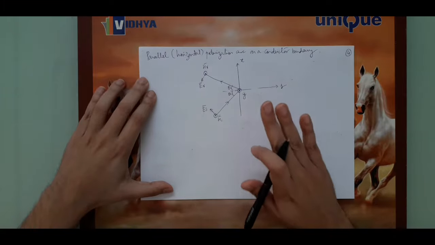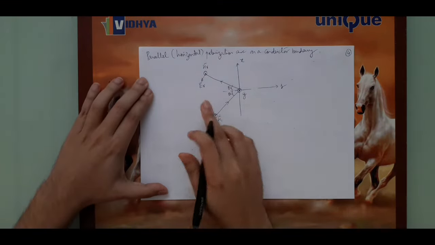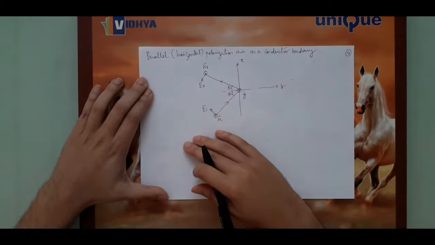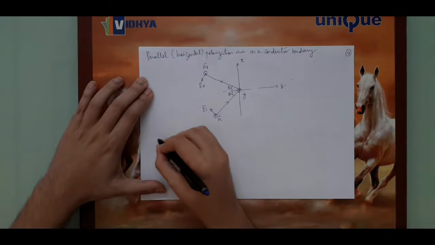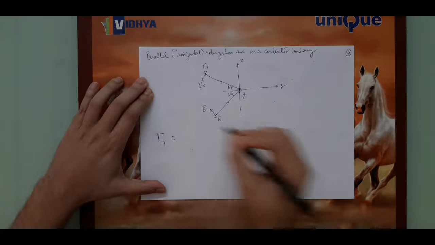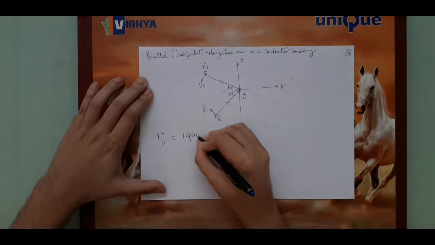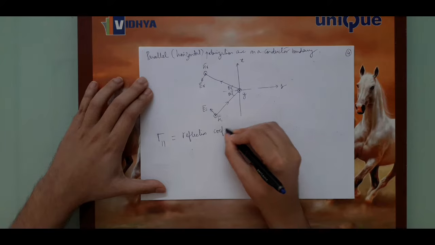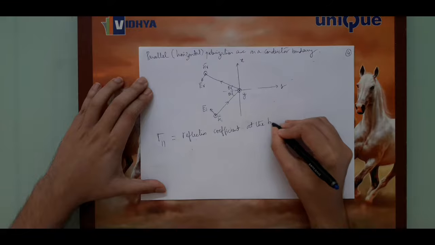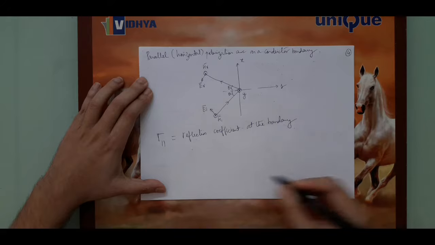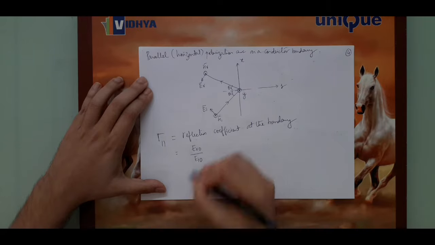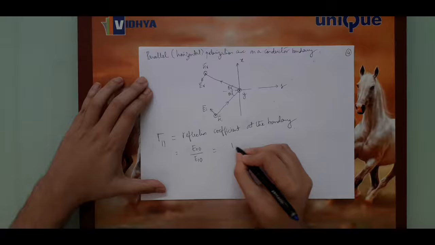So what can we say? Just like how we had derived the reflection coefficient for the case of the perpendicular polarization, we can also define the gamma or the reflection coefficient at the boundary. That is ER0 by EI0. This is 1.